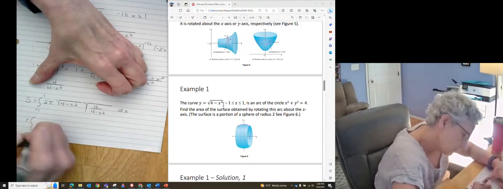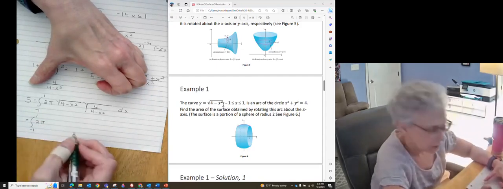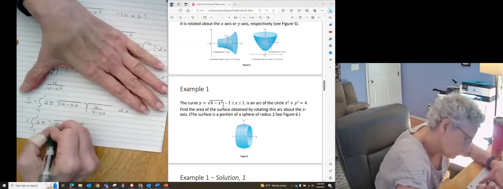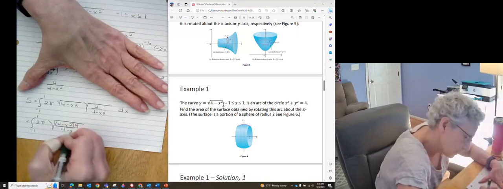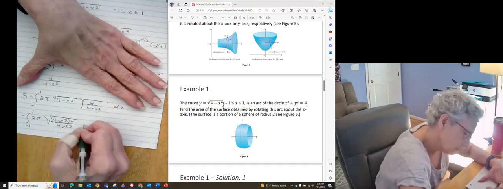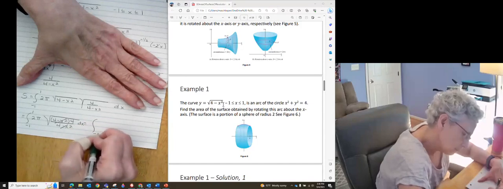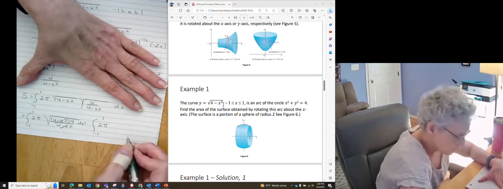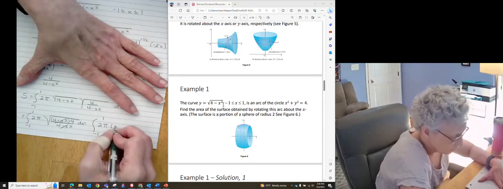This is the integral from -1 to 1. You could pull 2 pi out in front if you wanted to, but when everything's underneath one radical, we have 4 minus x squared times 4 sitting on top of 4 minus x squared dx. So we're really just going from -1 to 1, 2 pi times the square root of 4.